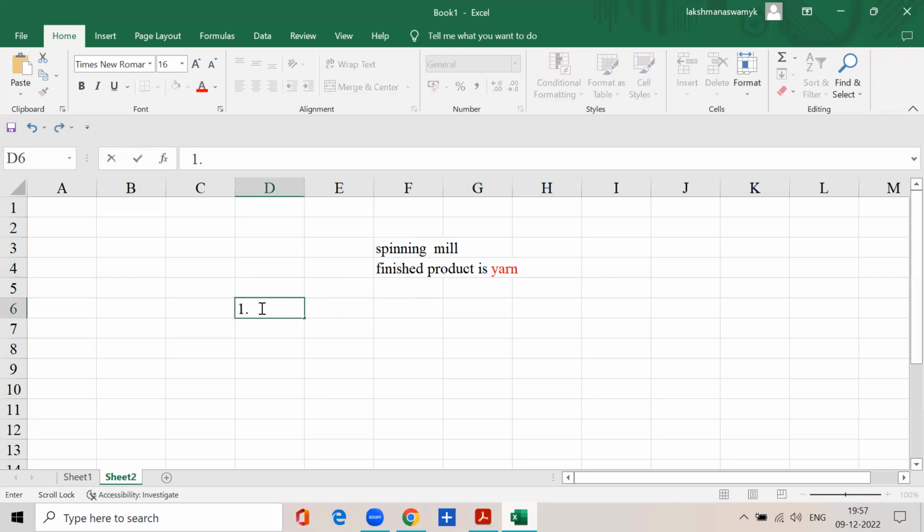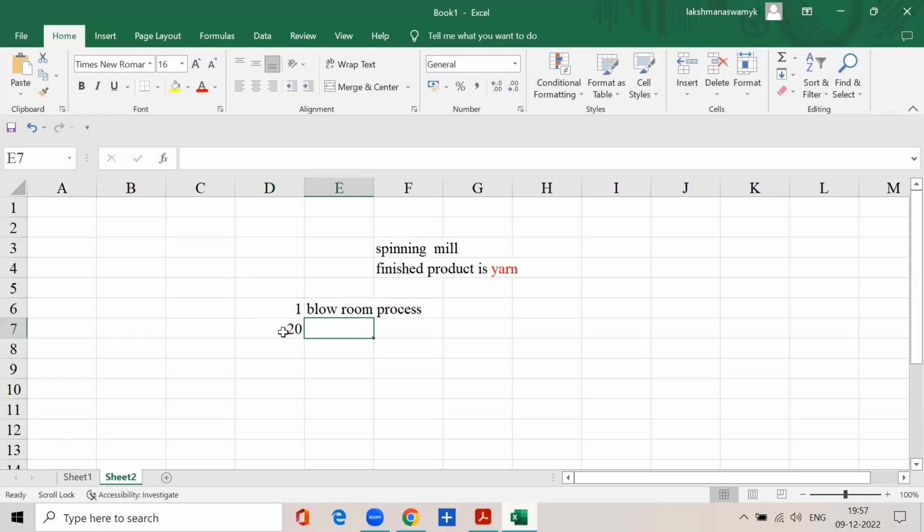We have the different processes. In order to manufacture yarn, we have number 1, blow room process. Number 2, carding process.